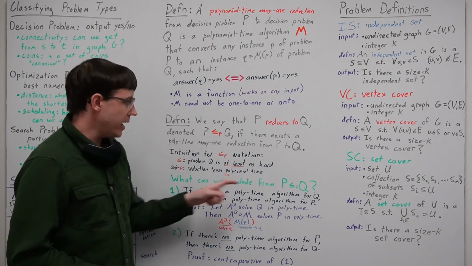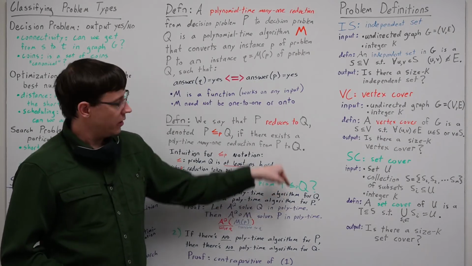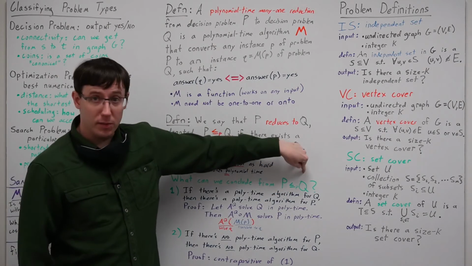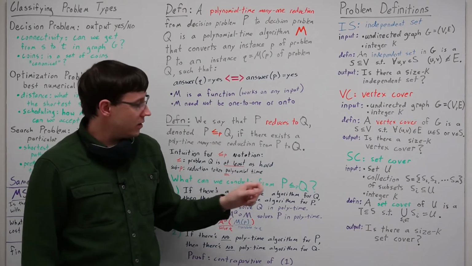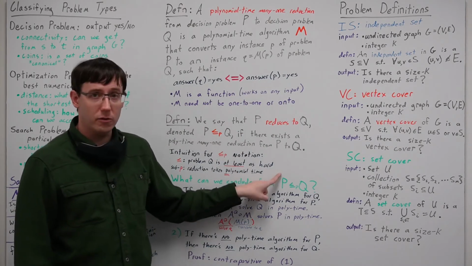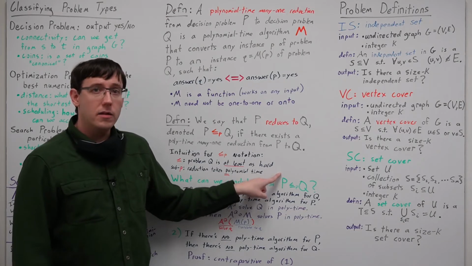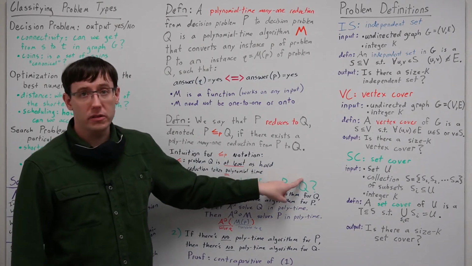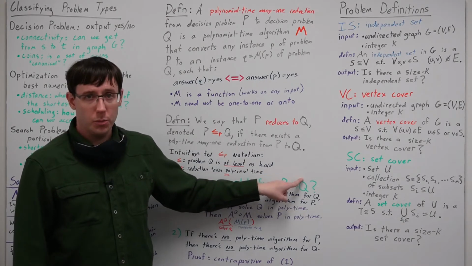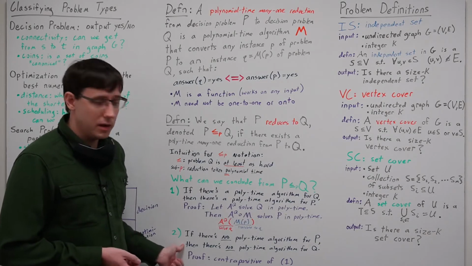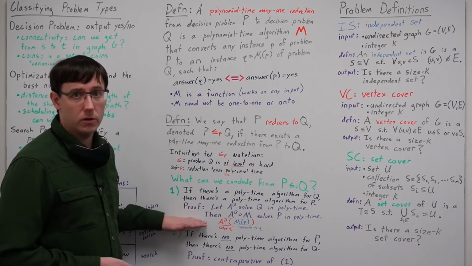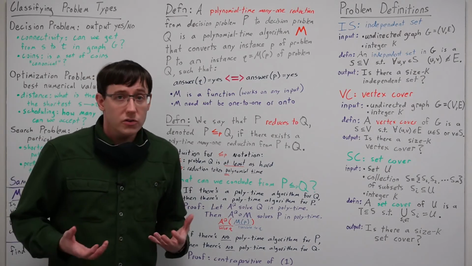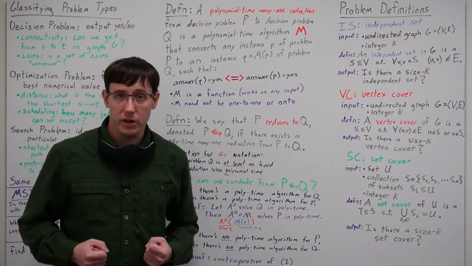If we have a polynomial time reduction from problem P to problem Q, that means that if there isn't a polynomial time algorithm for P, there cannot be a polynomial time algorithm for Q. We've already proven this statement because it's the contrapositive of the statement we already proved, but we could also think of a proof by contradiction here.